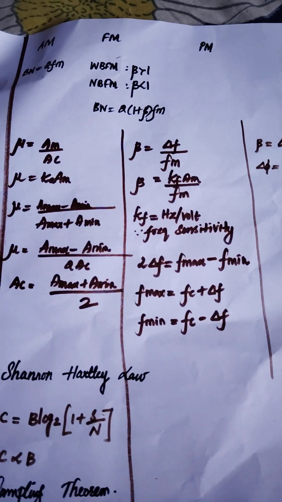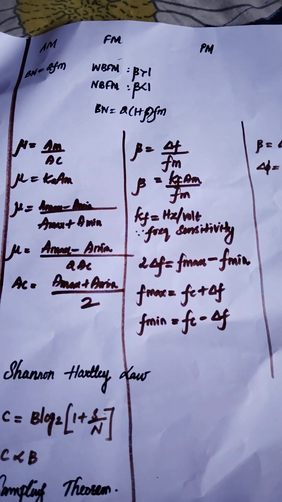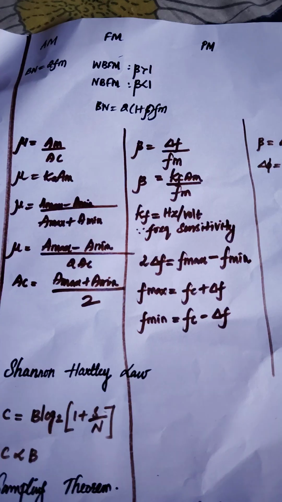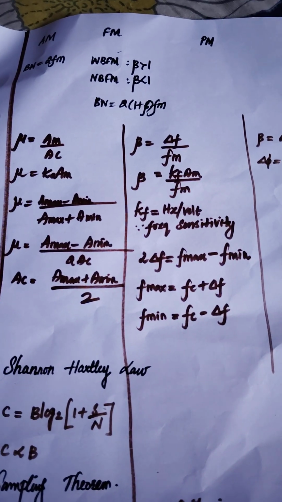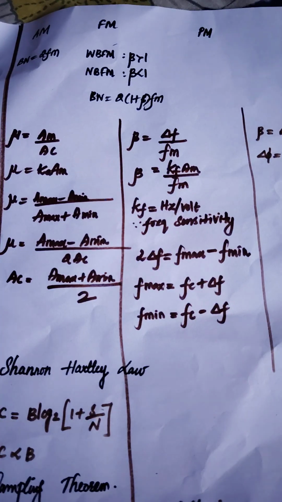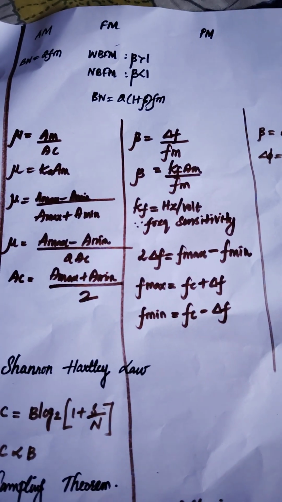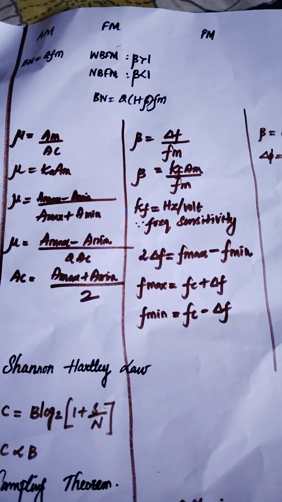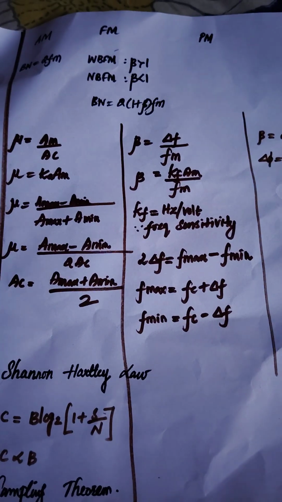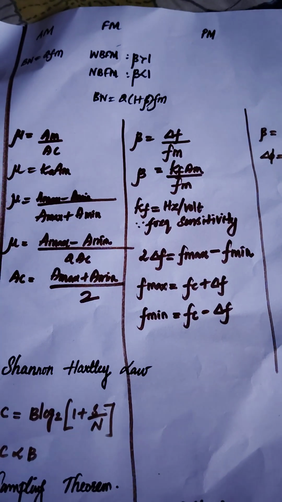And one more, mu is equal to (A max minus A min) divided by (A max plus A min). Mu is also equal to (A max minus A min) divided by 2AC. And if you want to find AC, it is (A max plus A min) divided by 2.